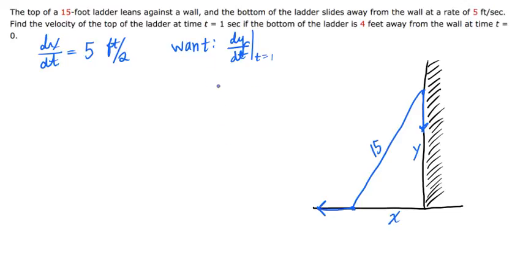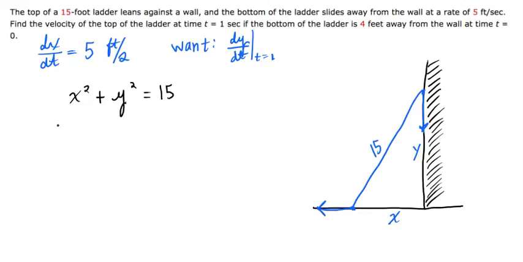Okay, changed my colors there. That's okay. Alright, so that's what we know, that's what we want, and we now need an equation relating x, y, and 15. But luckily the Pythagorean theorem is a nice simple equation that relates those variables. I'm going to differentiate implicitly at this step, but you could solve for y first as well.